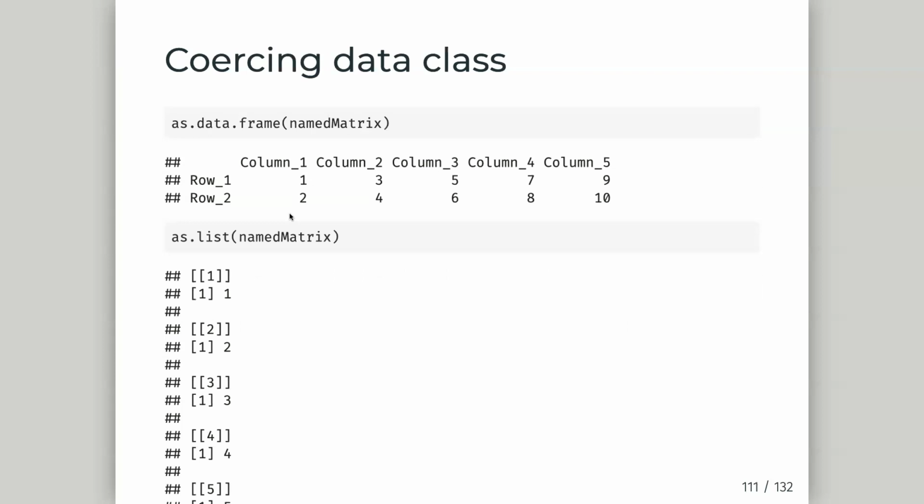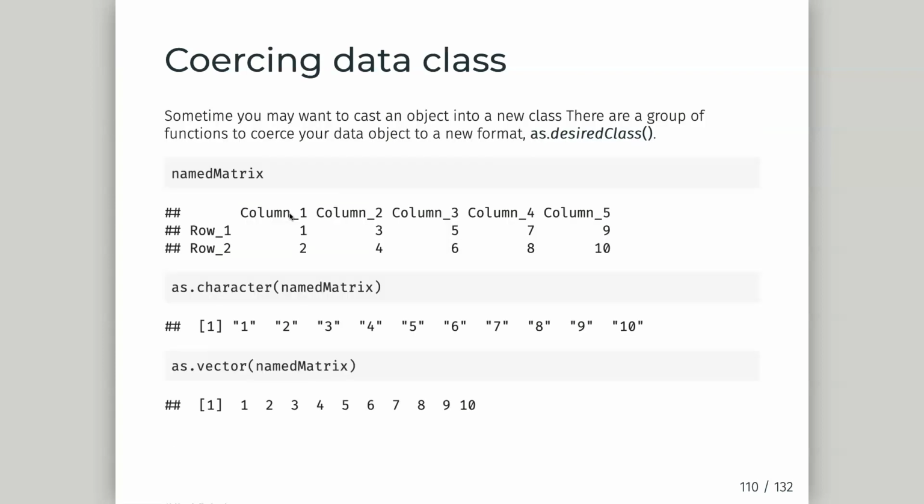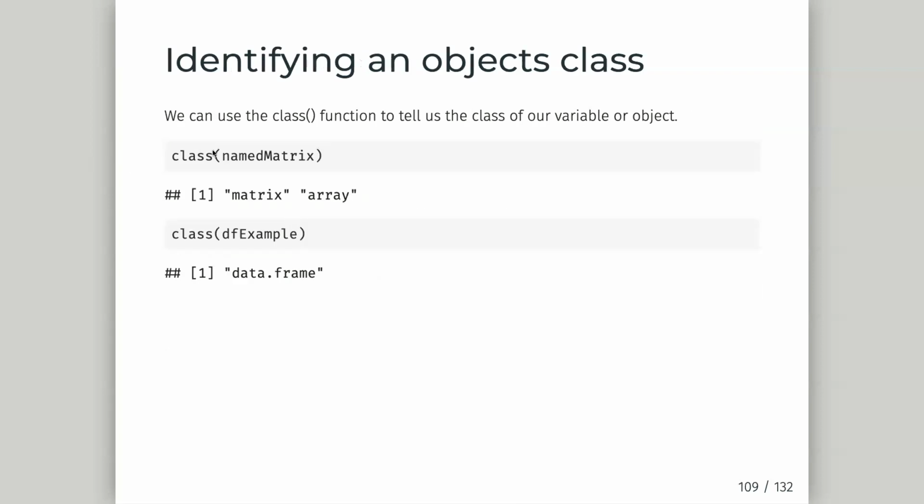Most usefully, what you're probably most likely going to try and do is turn a matrix into a data frame or a data frame into a matrix. Right? Because there are just some functions, some objects, it needs to be a matrix. If it's not, it's going to reject it and not allow you to. So a lot of functions internally will start with this kind of checking the class of the object you pass to it in some way.